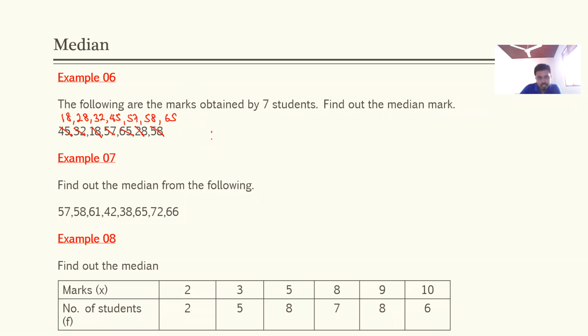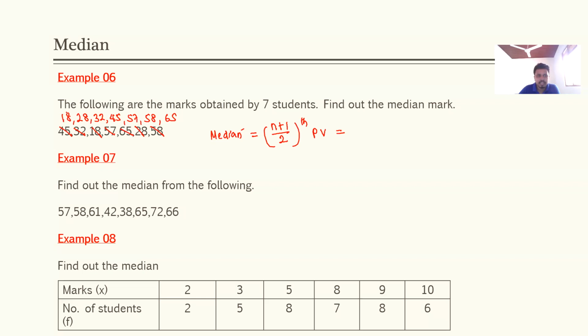So we need to find the median value. How can we get that? Median equals n plus 1 over 2. We should get the positional value. N means the number of observations.